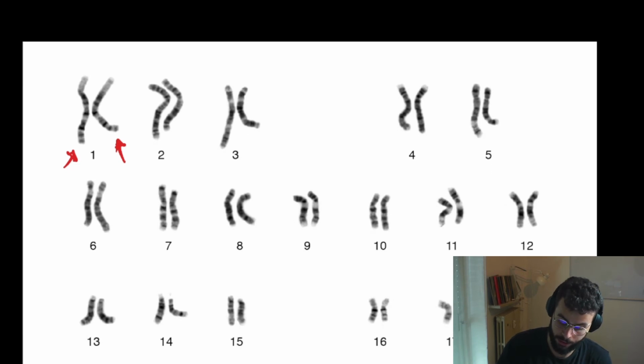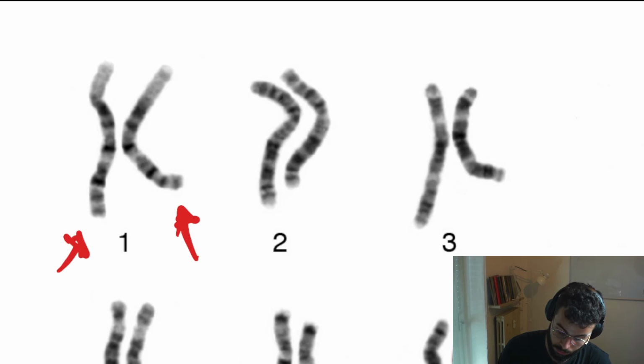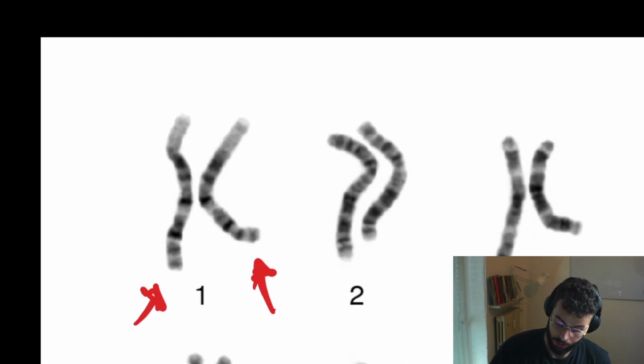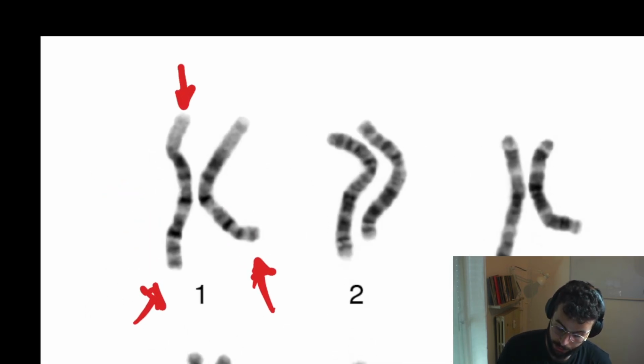And in the middle, you will see something called a centromere. Now, this one is called a chromatid, and this one is also called a chromatid. They are different chromatids from each other because one is maternal and the other is paternal.